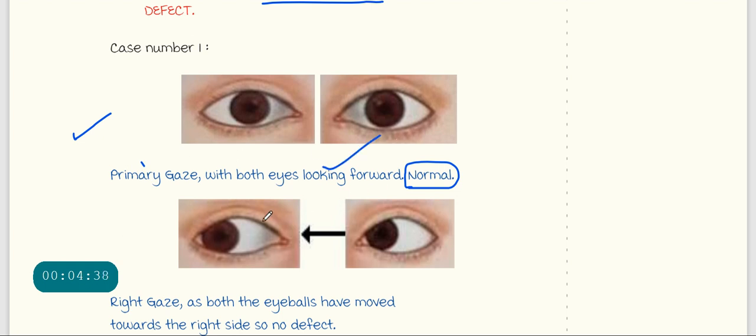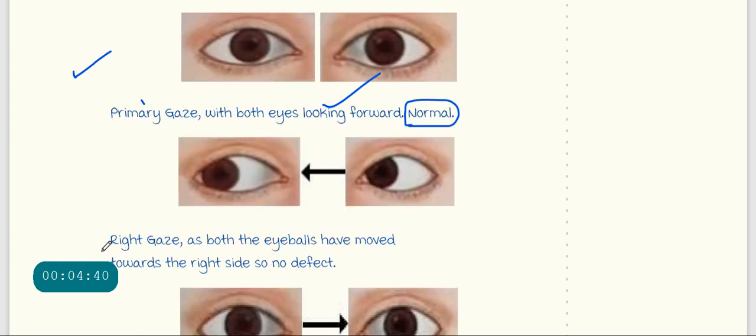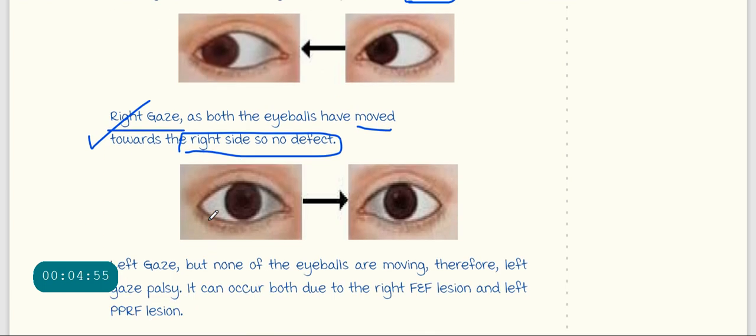Okay, as you can see. Now another condition where the right gaze, as both the eyes have moved together, the right side has no effect when it sees to the right. Now in the next vision, the left gaze, but none of the eyeballs is moving. Okay, so on the left side there is a problem because no movement is over there.